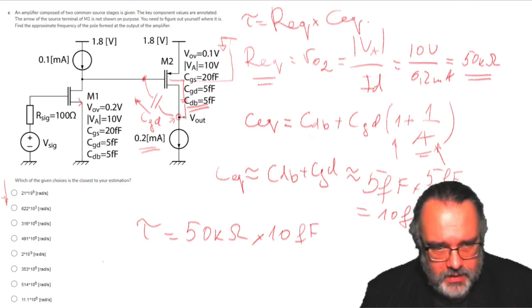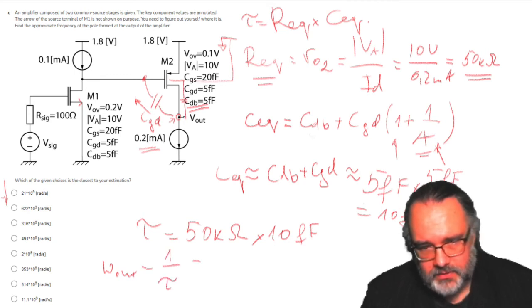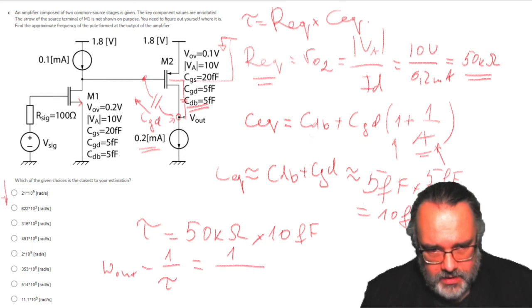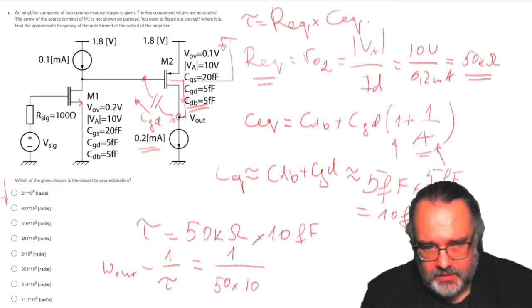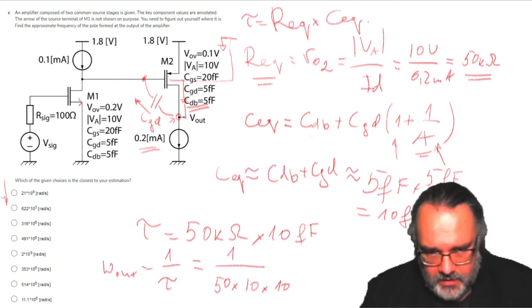So then the output pole is 1 over the time constant, and it will be 1 divided by 50 times 10 times 10 to the power 3, and this is 10 to the power of minus 15, 10 to the power of minus 12.